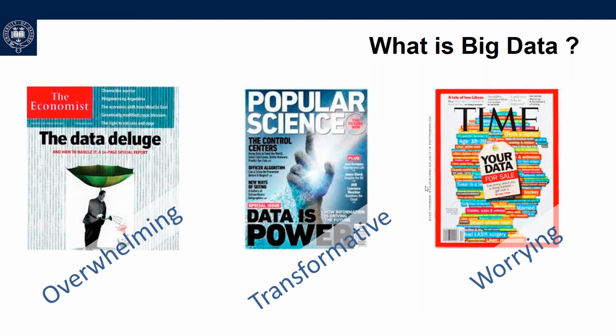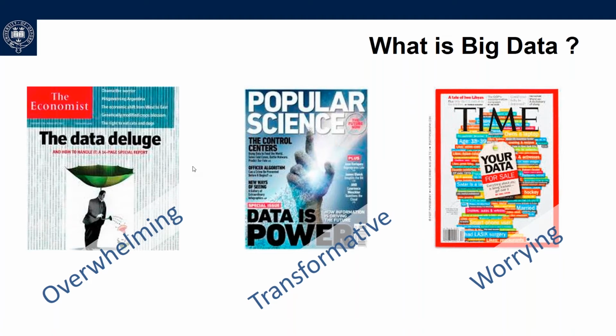And the third, which is perhaps the most current at the moment, is that big data is very worrying, that there are lots of problems around big data, and the whole Facebook, Cambridge Analytica, Donald Trump, Brexit, pretty much everything bad in the world is being blamed on big data right now. So this is an interesting field to be involved in.